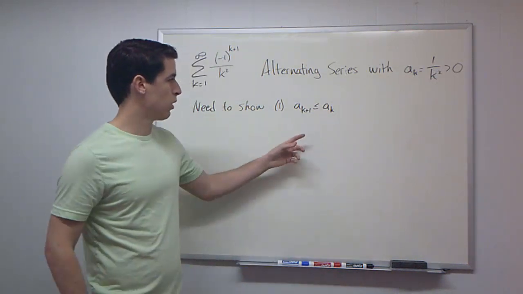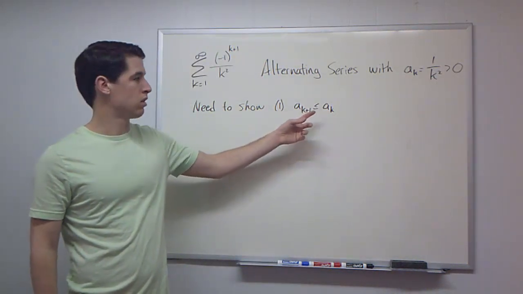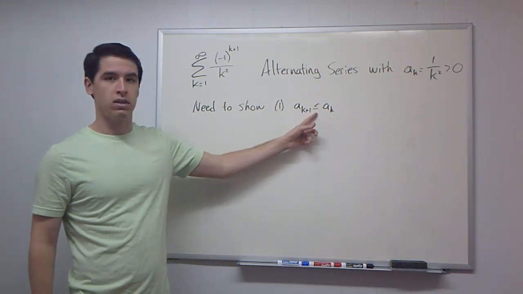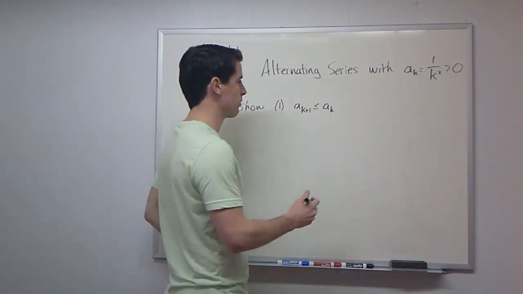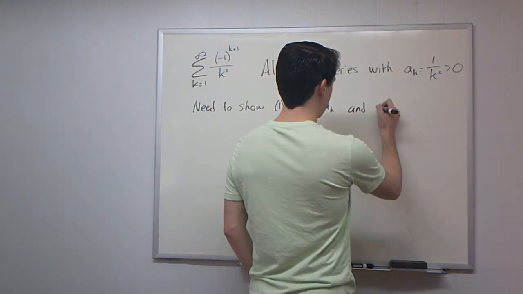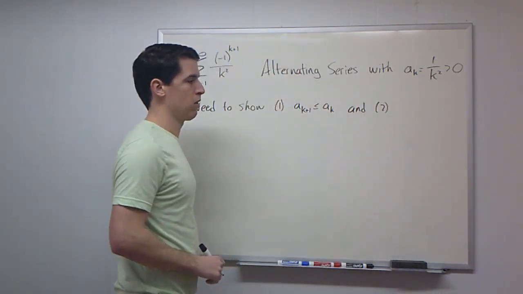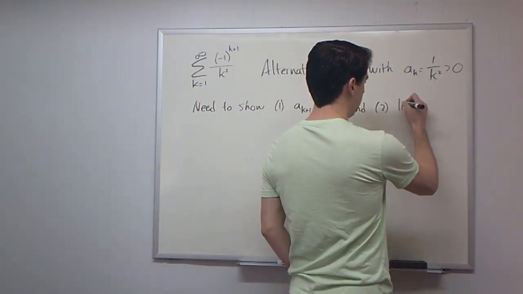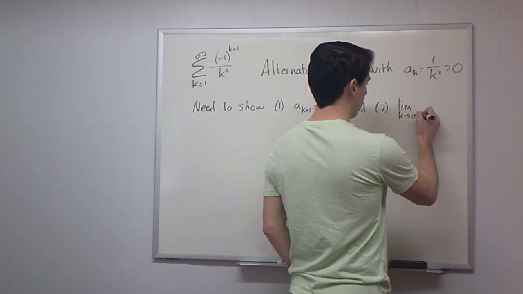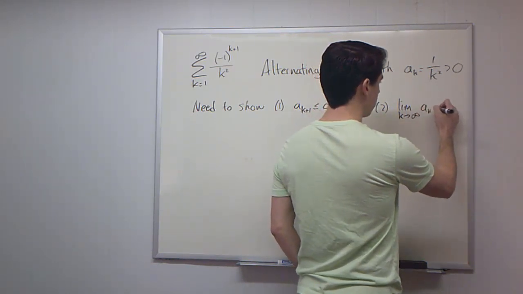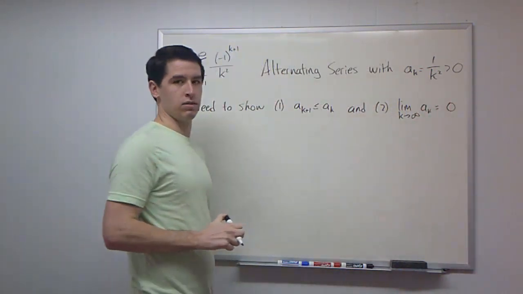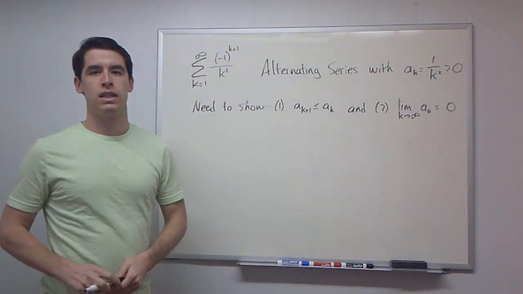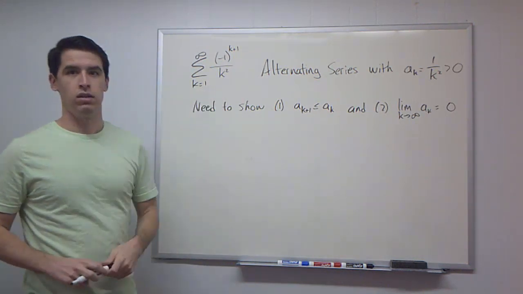In other words, we need to show that a sub k plus 1 is always less than or equal to a sub k. The next term is always less than or equal to the previous term. And the second thing that we have to show is that as we take the limit as k goes to infinity of the a sub k's, that limit is in fact 0. If both of these conditions hold, then the alternating series test tells us that this series converges.